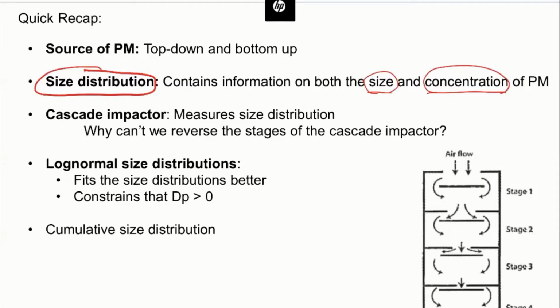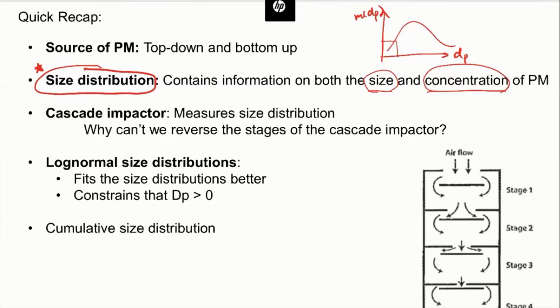You remember when we made the plot of the log normal size distribution? This contains both the size of the particle and the mass concentration of the particle. That's why size distribution is a quite important item that we have to go through again in this class.